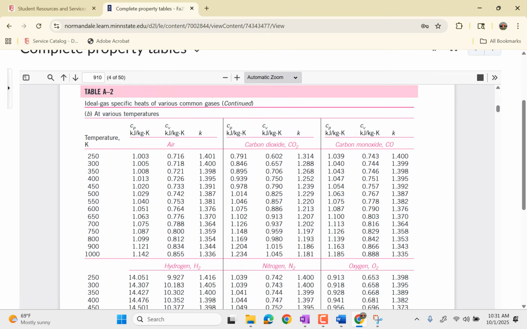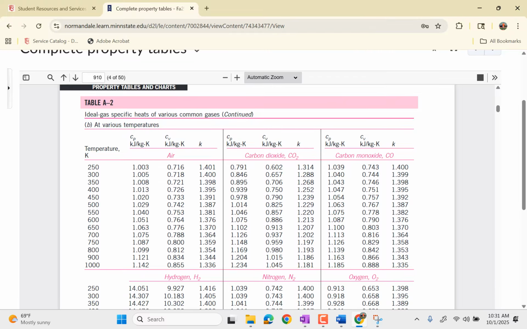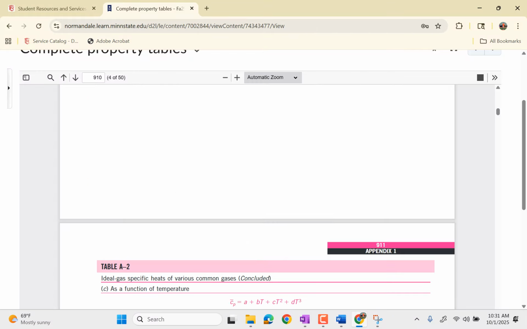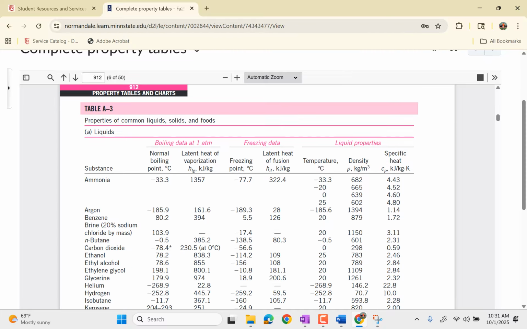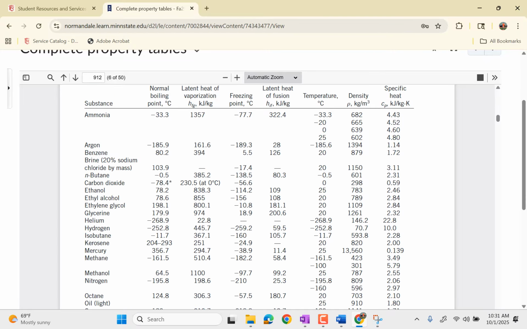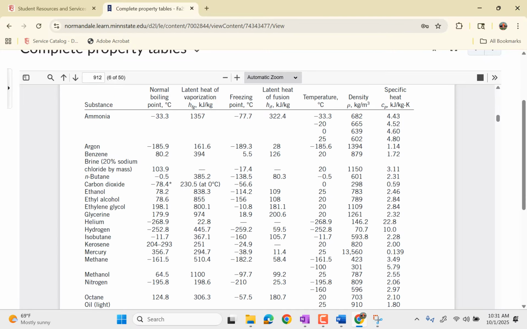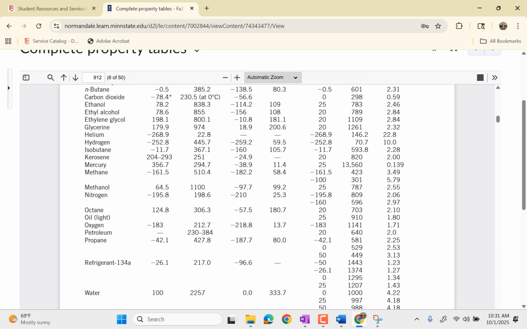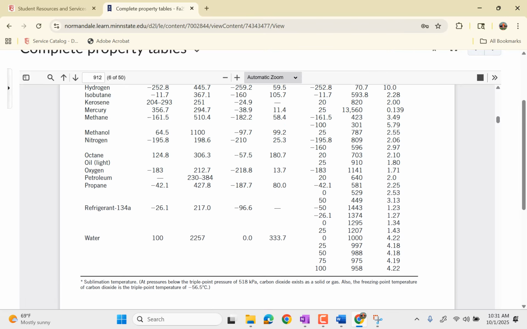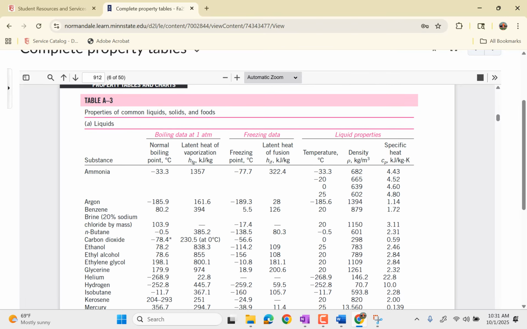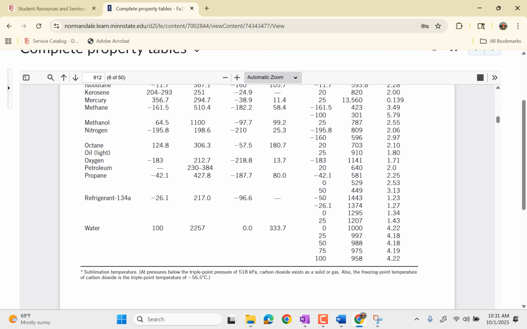Okay, so that's A2. A3. So we want water. And this is at a temperature.